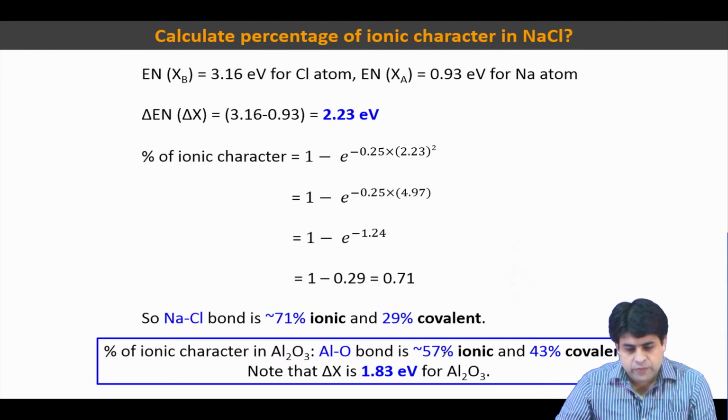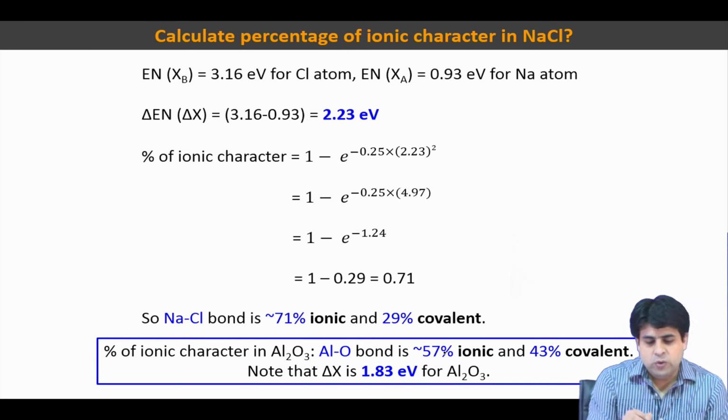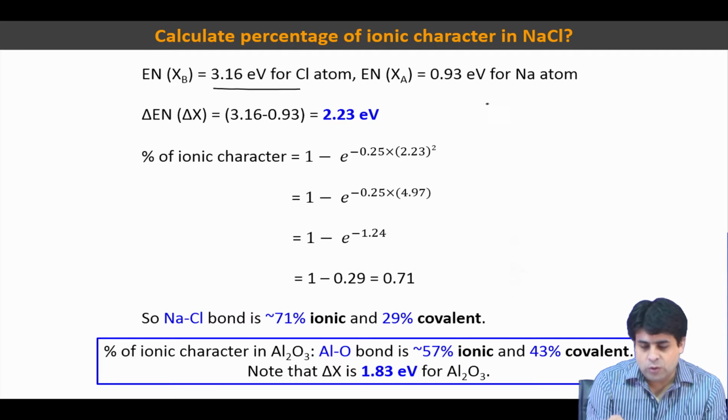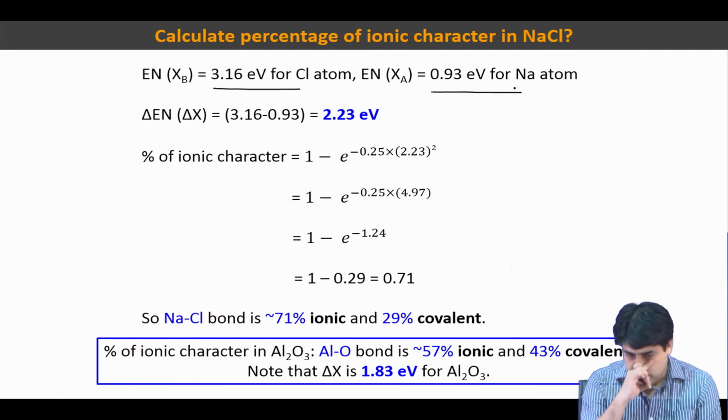If you take another example, a halide, that is NaCl, we know the electronegativity value for the chlorine atom, and we also know the electronegativity value for the sodium atom.